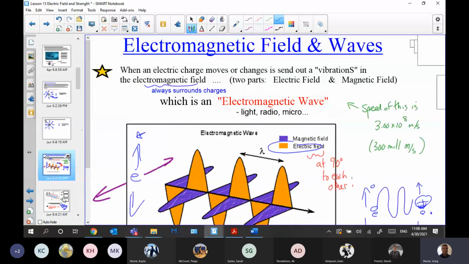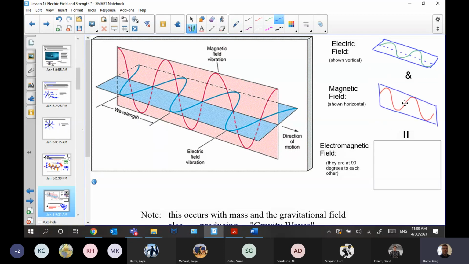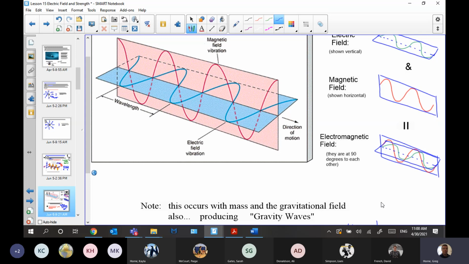You can see it across the page, if you will. If you're drawing this yourself, maybe draw a parallelogram representing the flat sheet of plywood, draw a line in there, draw a parallelogram this way representing the vertical, draw a line in there, and then both of them together show you the combination of both.